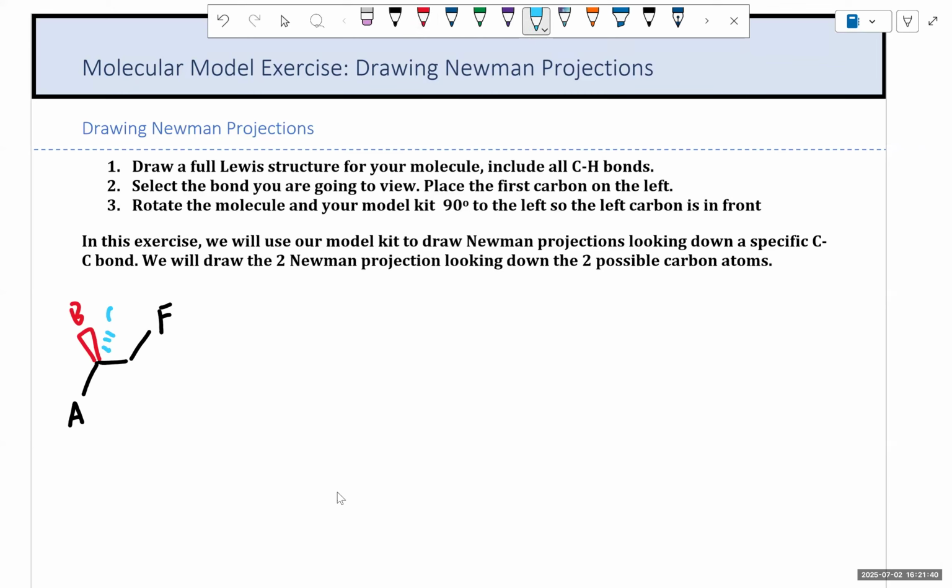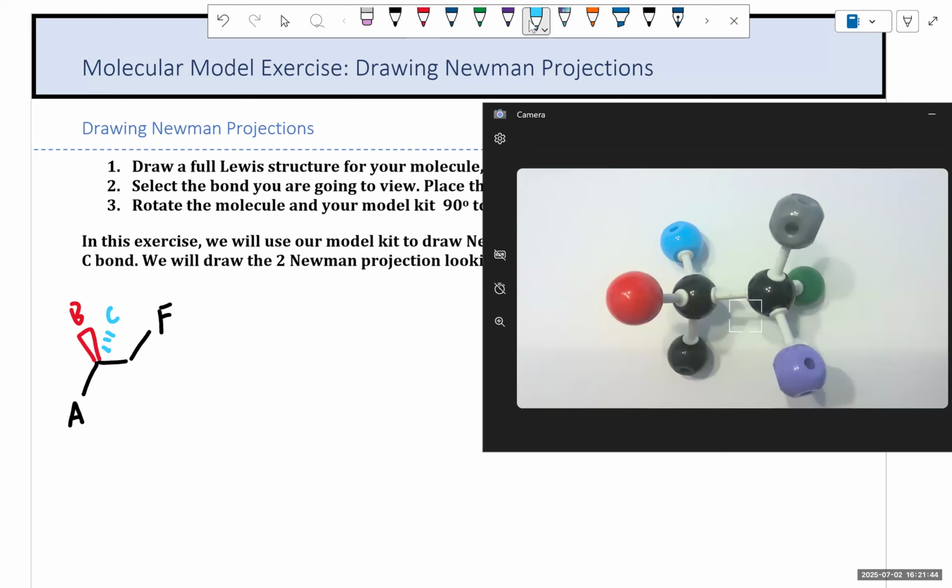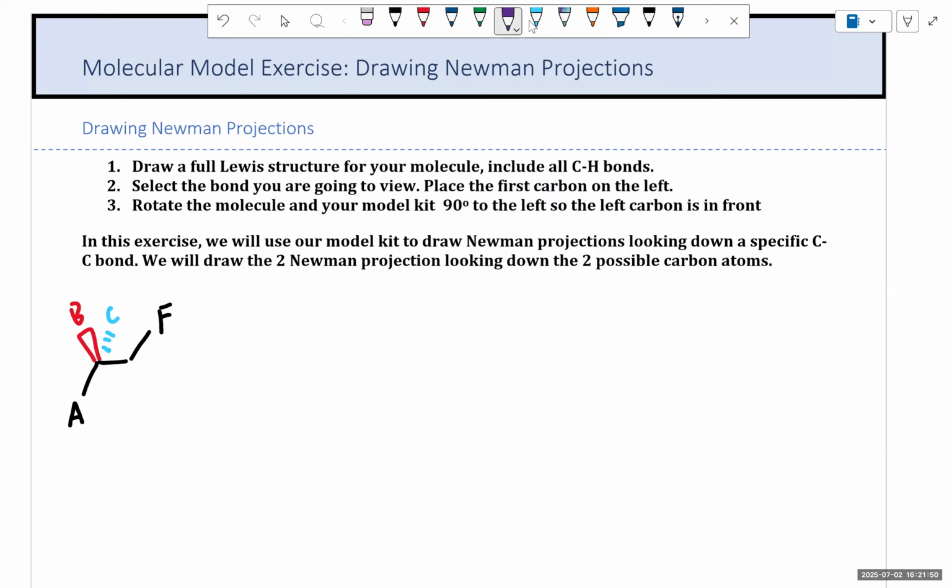B has a wedge, C has a dash. And we have groups D and E on carbon 2, where D has a wedge and E has a dash. So here's the Dash-Wedge depiction of the initial structure that we're going to be looking at.